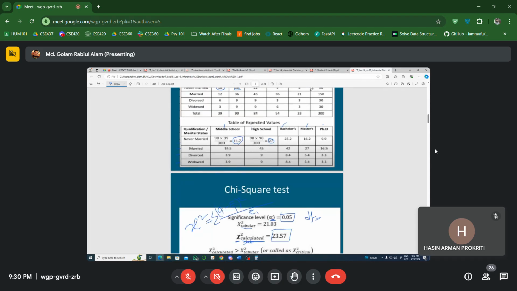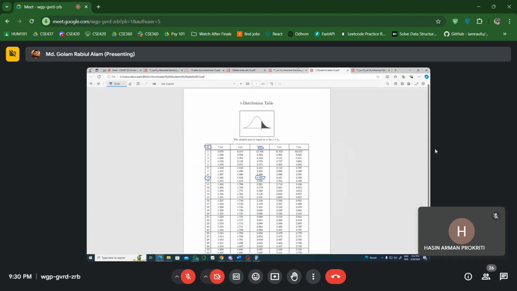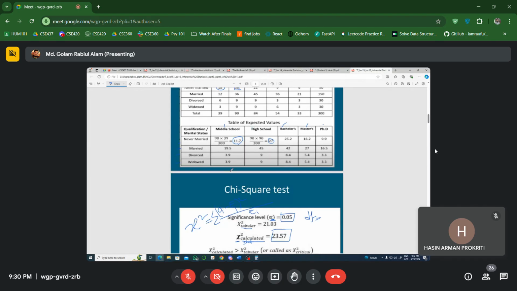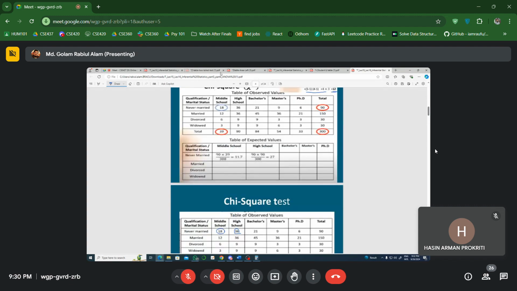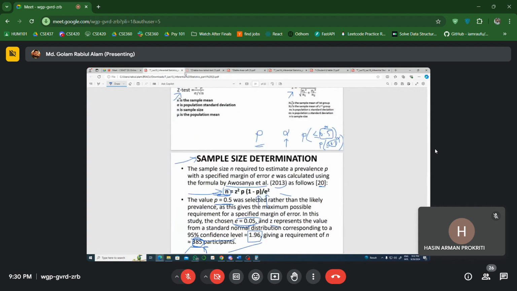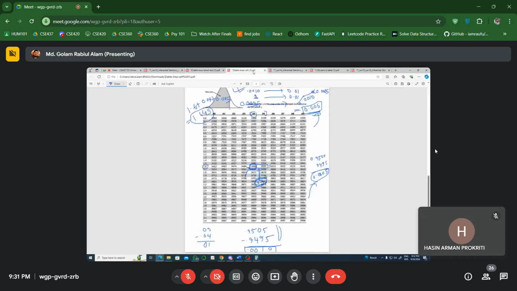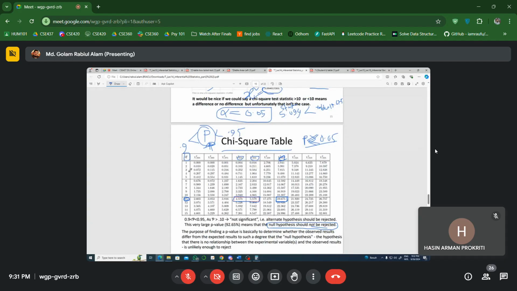So we have to check it in our table. Where is that? Here. For 12 degrees of freedom and 0.05 alpha, the value is 21.026, that is 21.03.